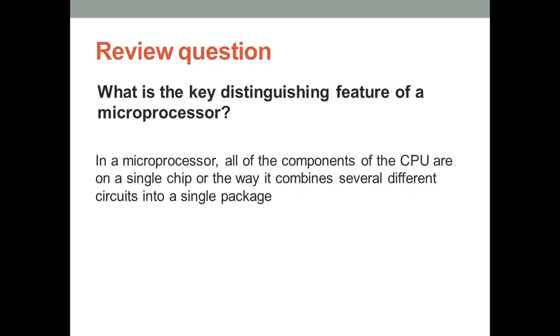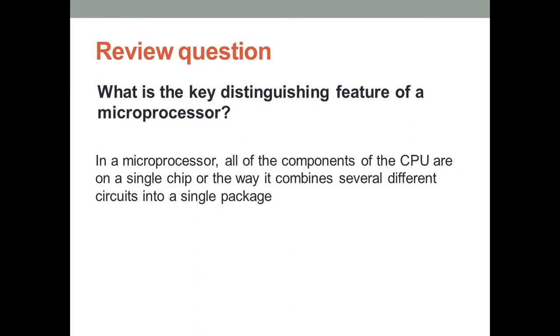And what is the key distinguishing feature of a microprocessor? This is important. In a microprocessor, all of the components of the CPU are on a single chip, or the way it combines several different circuits into a single package.